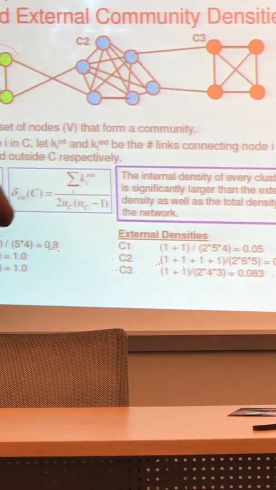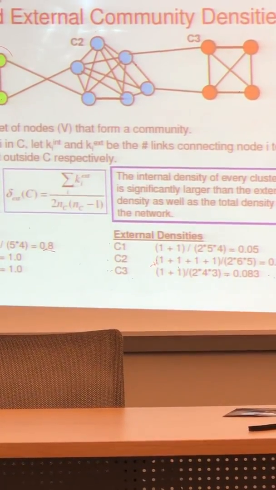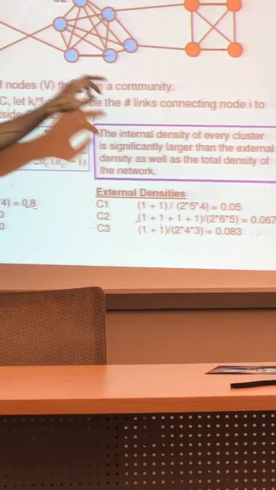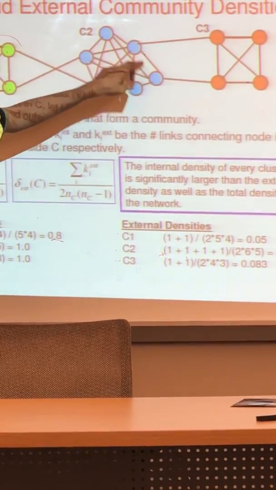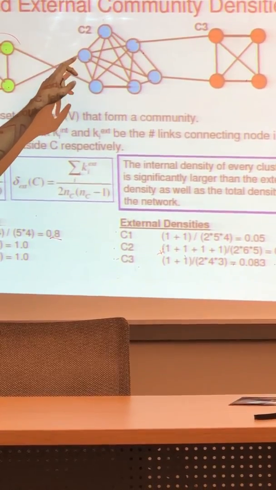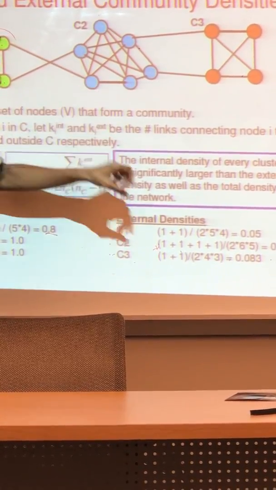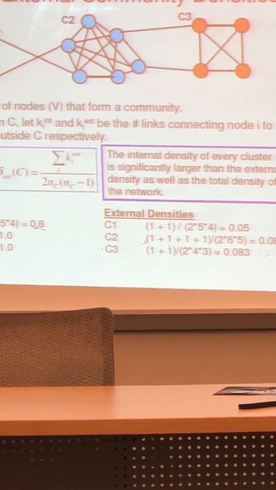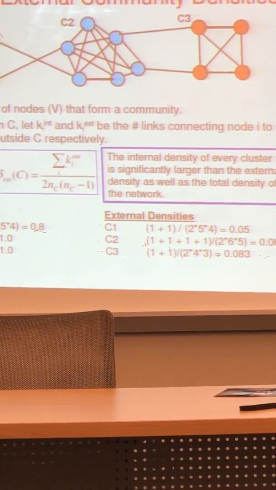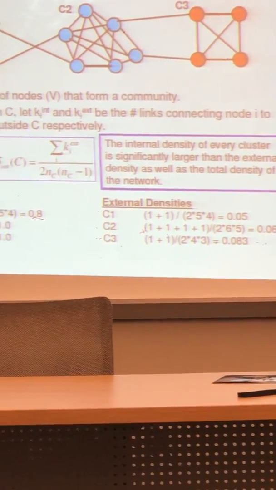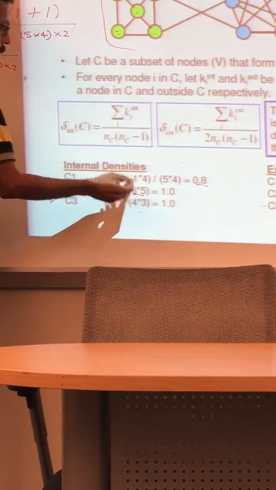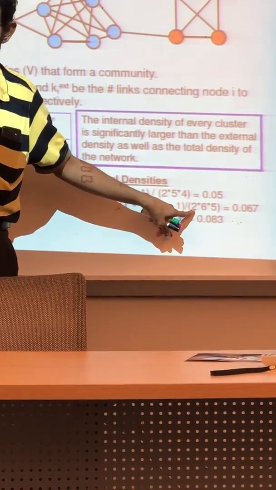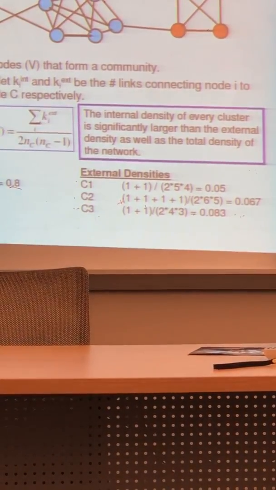So totally 4 edges to other communities. So the numerator is going to be 4, divided by the 6 vertices as usual. So 6 times 5, multiplied by 2 to account for considering each edge only once. In the previous case, in the denominator, we did not multiply by 2. So here we have to multiply the denominator by 2 because we are considering each edge only once in the numerator.